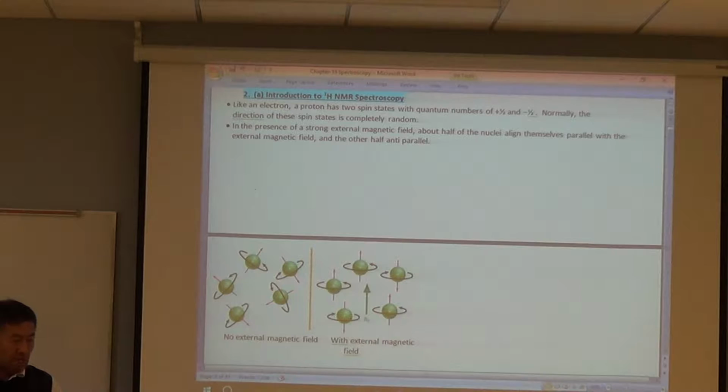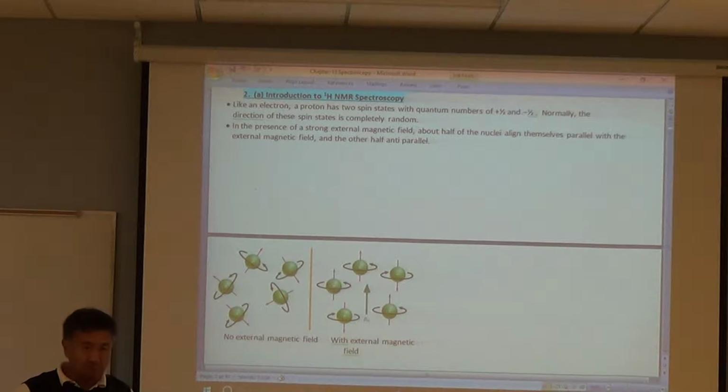When you have atoms or molecules with an H atom in them, each atom has a nuclear spin. Usually, without an external magnetic field, the H1 nuclear spins are random, either up or down.